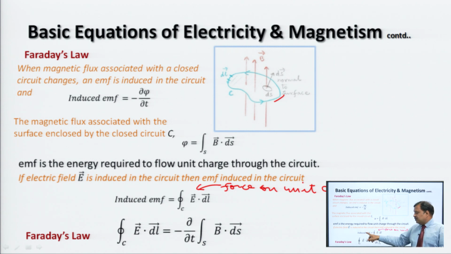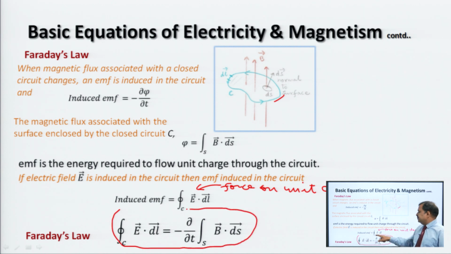So, this is equal to induced EMF. So, write this integral for induced EMF and this integral for magnetic flux phi, then you can simply write Faraday's law as this equation. This equation is the integral form of Faraday's law.